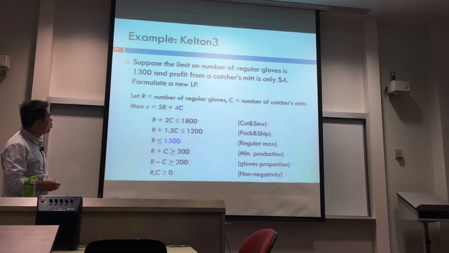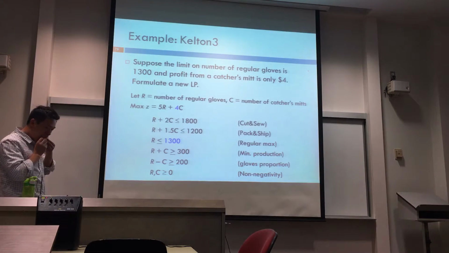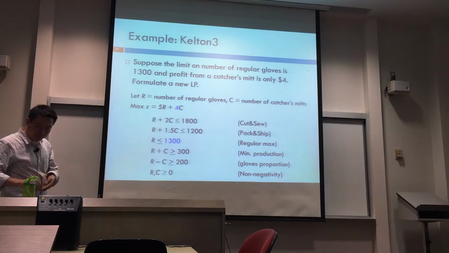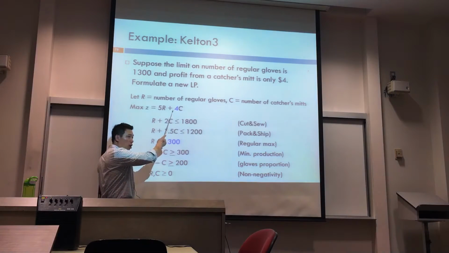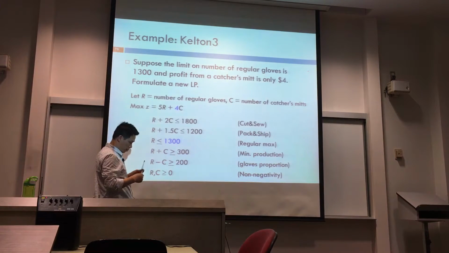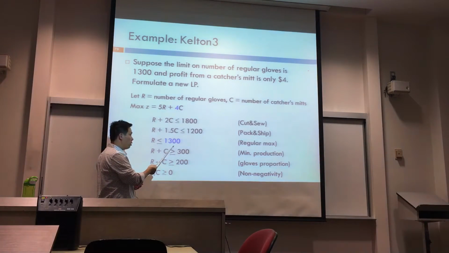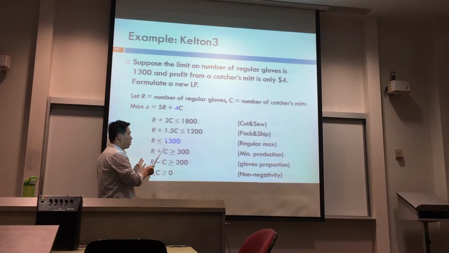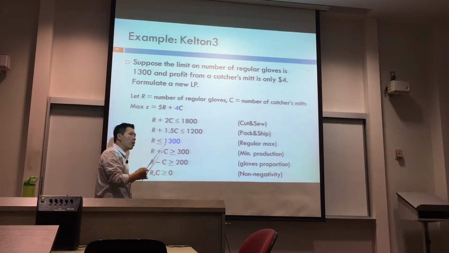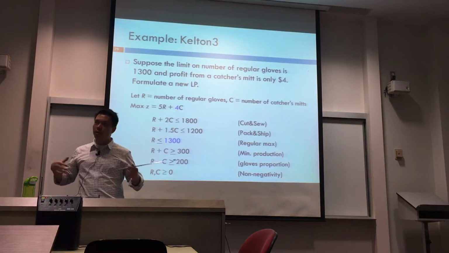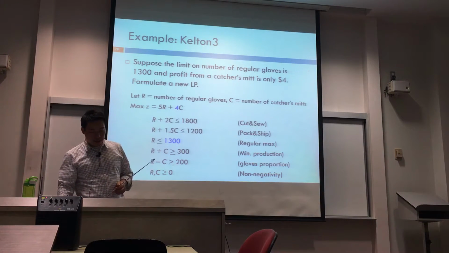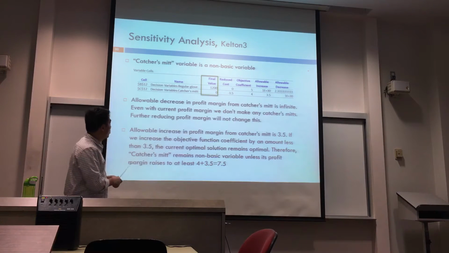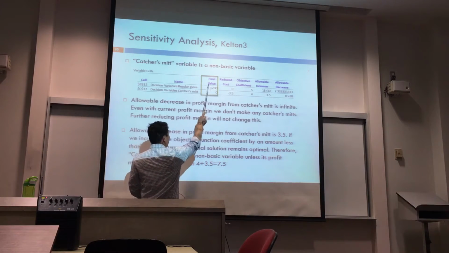So suppose we change the original problem, right? Here used to be 12, now it's 13. This used to be 1200. Sorry, it's 1000, I believe. It's 1000, now it's 1300. Anyways, you can think of it as a new problem, right? And you solve it, you will find out the final values, those two.